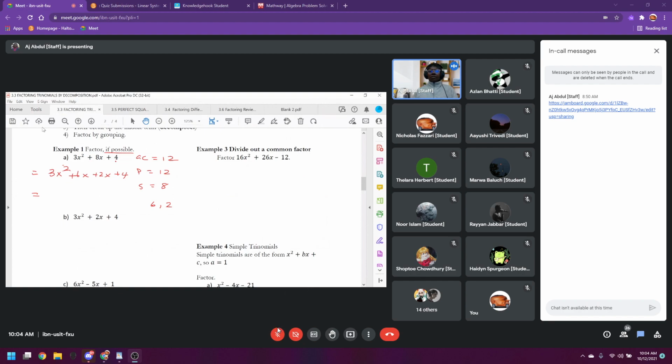What can I factor out of the first two terms? Between 3x squared and 6x, what is the common factor there? What number will go into 3 and then into 6? 3x. Yes, 3x.